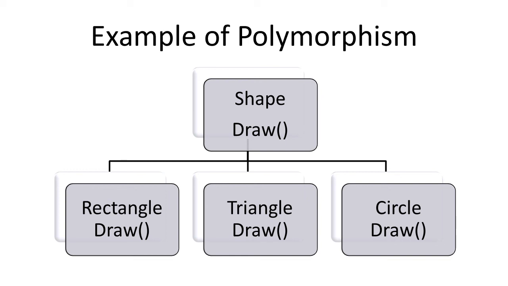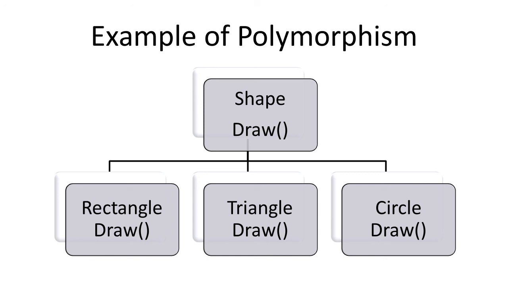But shapes are of different types. There is a rectangle shape, a triangle shape or a circle shape. So we have three different classes representing these three shapes, and we can have many such classes representing different types of shapes. Each of these three shapes, rectangle, triangle, circle, has its own method to draw the object.